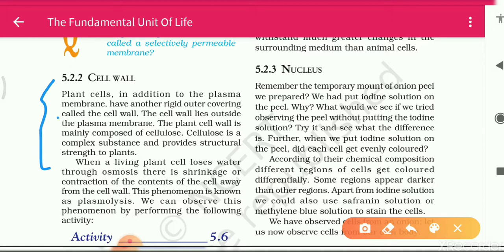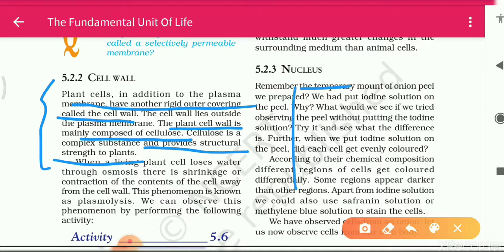Then this is a very important line, students. You can underline it here. The composition of the plant cell wall is cellulose, and the function is given here: structural strength to the plant cell. See students, this one is the plant cell, and the outer covering of this plant cell is a plasma membrane.